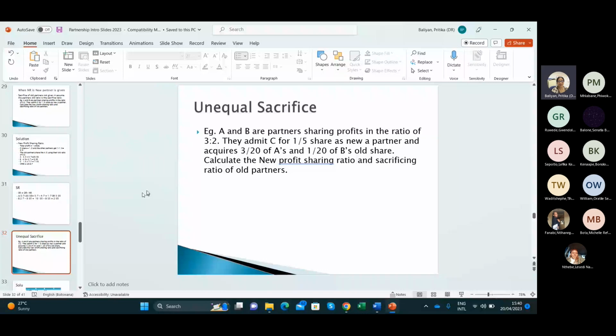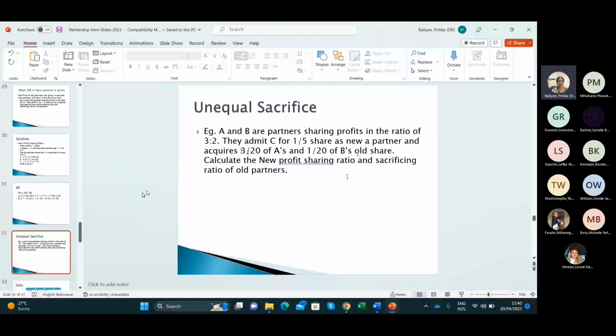So on the basis of this information, they are unequal sacrifices. A is sacrificing 3/20 and B is sacrificing 1/20. On the basis of this information, a new profit sharing ratio needs to be calculated.